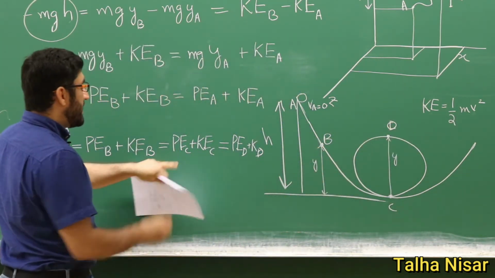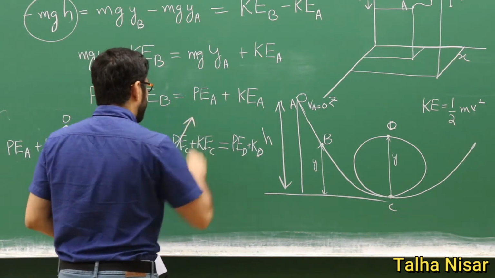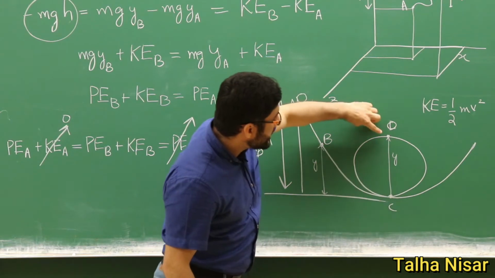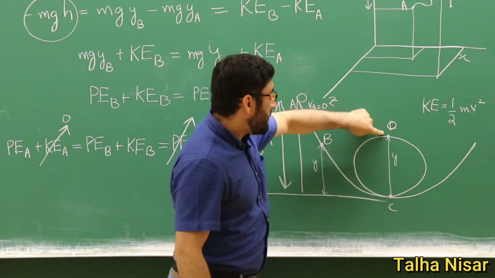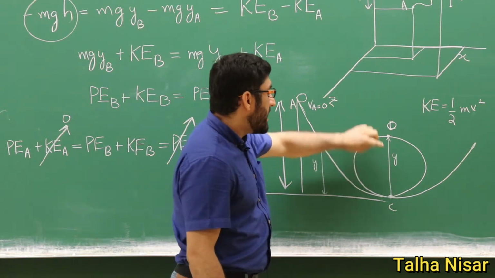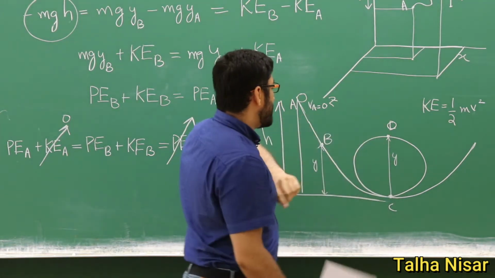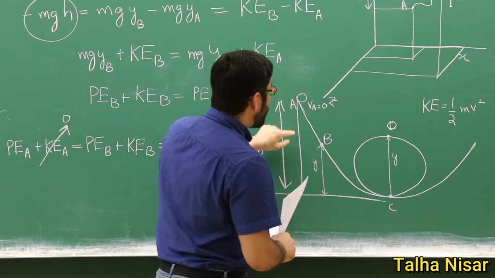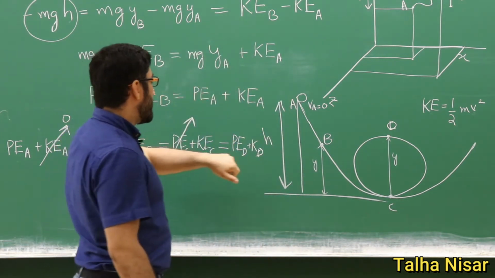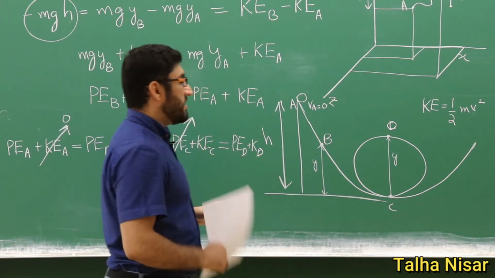So at point C, the potential energy is 0. And now again, this object will go like this and it will be at point D. At point D, we again have some height, and it will also have some kinetic energy because it's lower than point A. So we will have again the potential energy plus the kinetic energy.